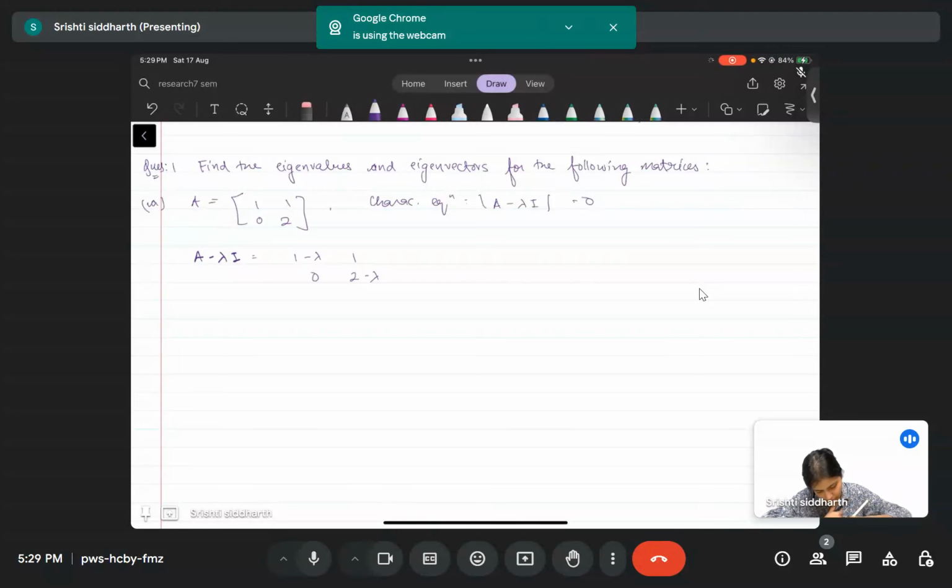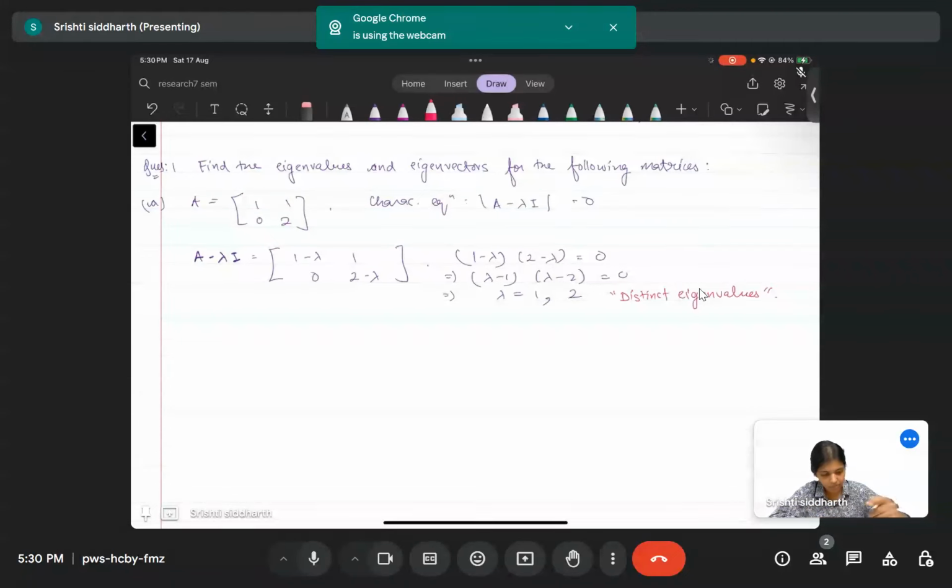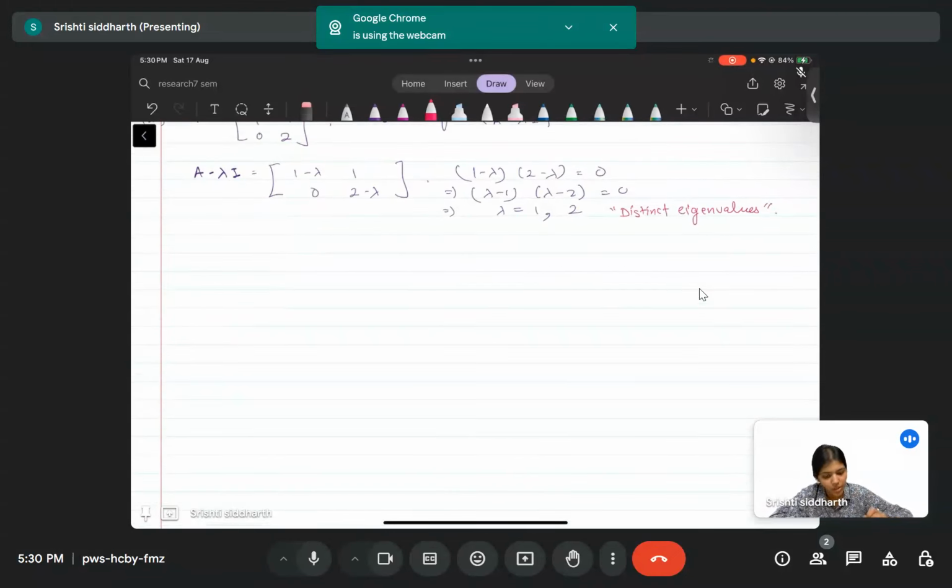So this is 1 and 0. So the determinant is simply 1 minus lambda times 2 minus lambda equals 0. So the eigenvalues are 1 and 2. Again, these are distinct eigenvalues. We can find the eigenvectors easily, as we just saw in the previous example. So let's start with them.